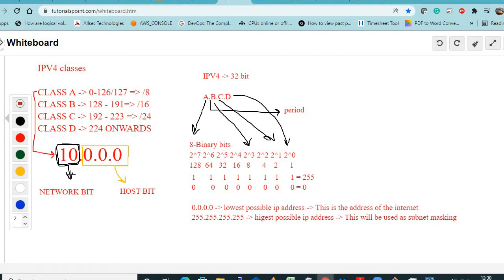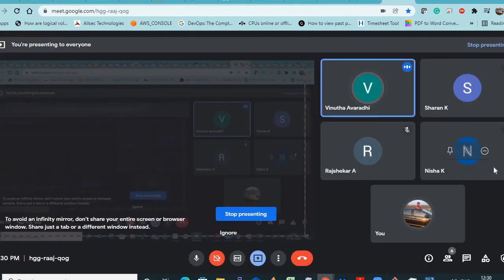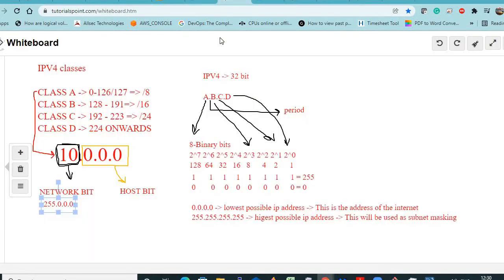So, what is the subnet mask then? This means if the first octet is for network, then all the values are 1, and the first value will be 255. So 255.0.0.0 is the subnet mask.